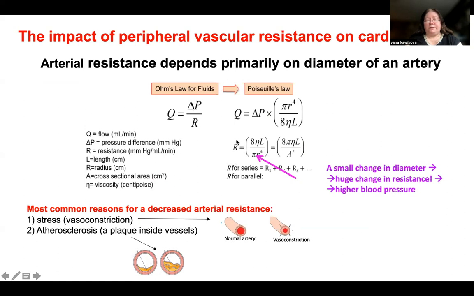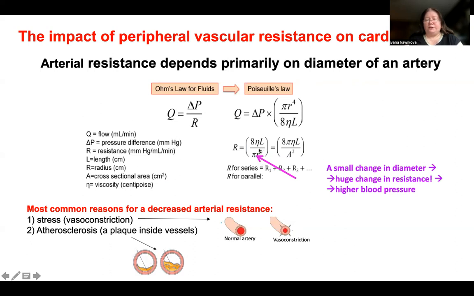And here we have it recalculated for the situation that is relevant to the physiology. And you see here that the resistance is higher with increased viscosity of the blood, the increased length of the tube, but particularly with decreased diameter.